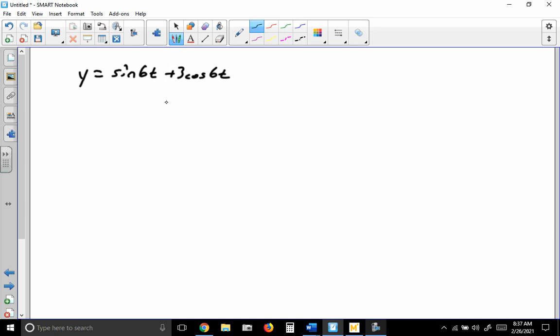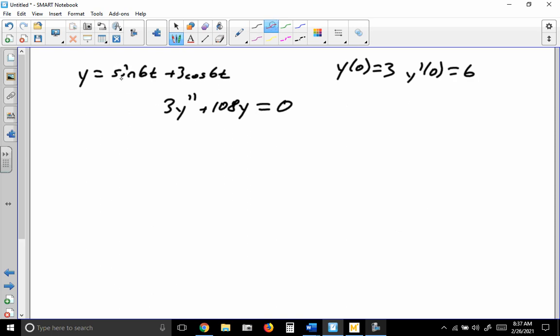And then they give us the differential equation 3y double prime plus 108y equals 0. y of 0 is 3, y prime of 0 is 6. And they want us, first of all, to verify that this is a solution of the differential equation.